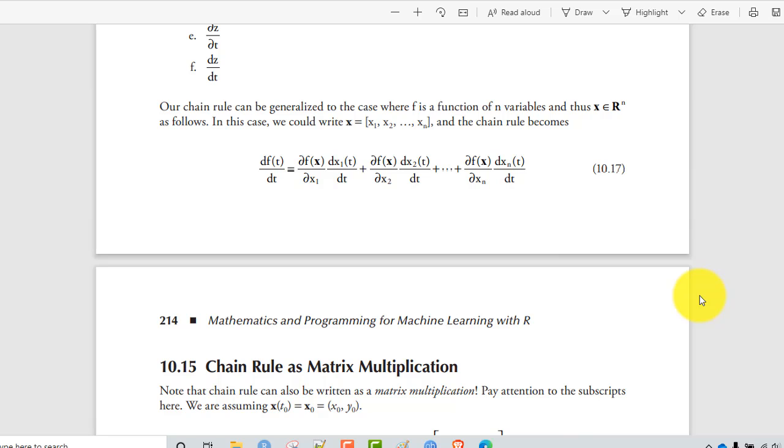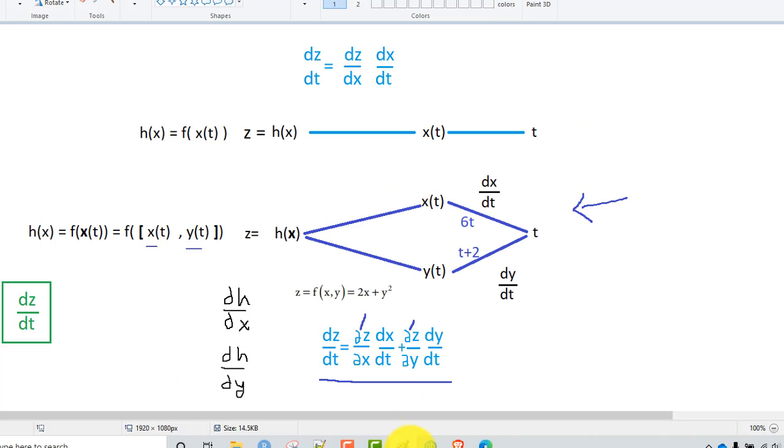Okay, now the next thing is that the intermediate variable x, which is actually a vector, so it's not just one variable, it's this one and this one, but we could generalize to say that this is not just a function of just x and y, but how about if it's a function of many variables at this level? So in other words, we don't just have x, y, we might have another variable here and another variable here, and we might like to come up with a chain rule for that situation.